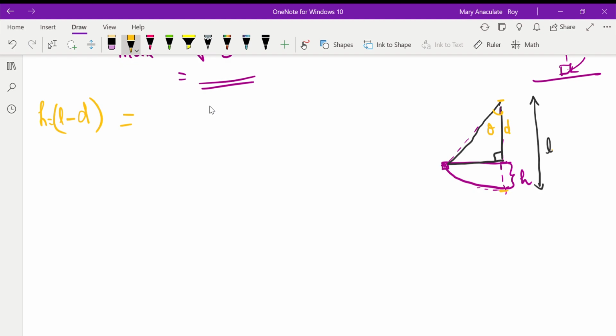So how can I find D in terms of any of the trigonometric ratios? This is the adjacent side, so I write cosine theta equals D over L. Because we know theta and we know L, this formula can be used to find D. Rearranging, D equals L times cosine theta, which I put in this formula. So L minus L cosine theta will be equal to h.